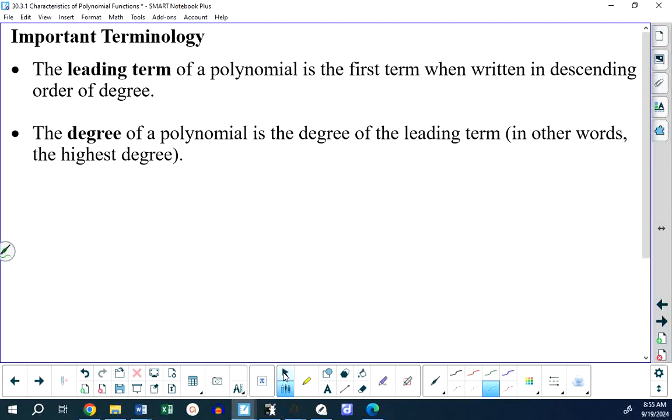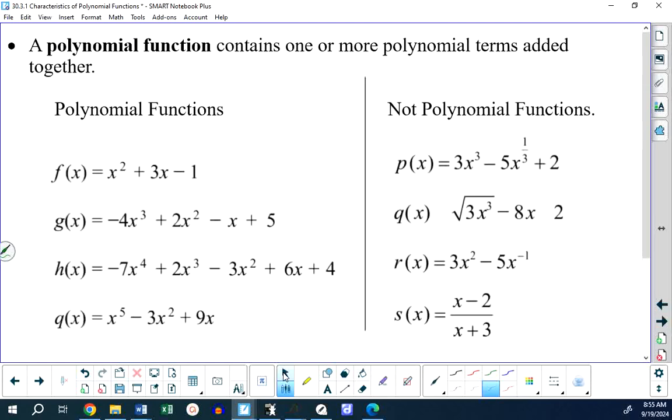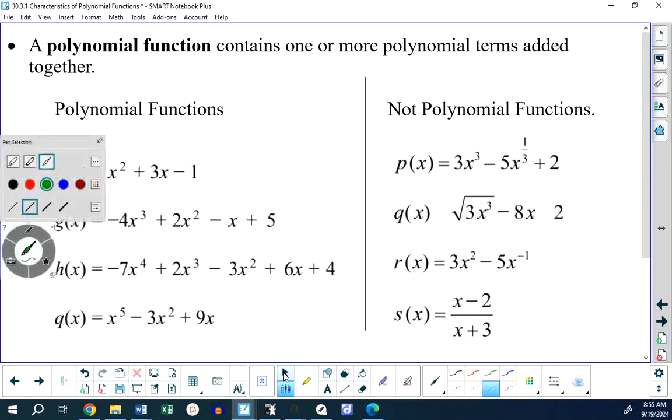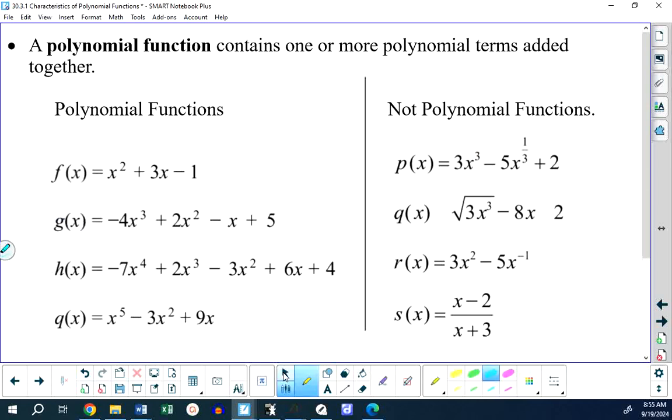So, and we have official examples we'll do in a second, but when I take a look, for example, at h of x, we happen to have in h of x a total of 5 terms, and each of those terms we can talk about the degree. The degree of the 4 is 0, the degree of the 6x is 1, etc. But the degree of the whole polynomial is 4. That's what I'm saying. The highest degree rules the roost, metaphorically speaking.